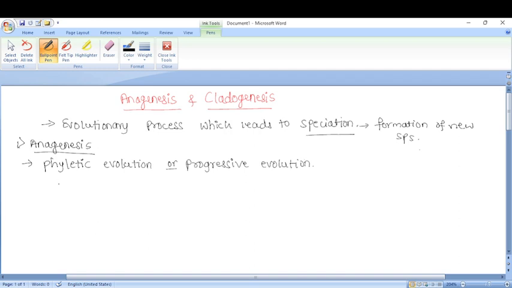Now here, just to split the word, ana means new, and genos means race or species.